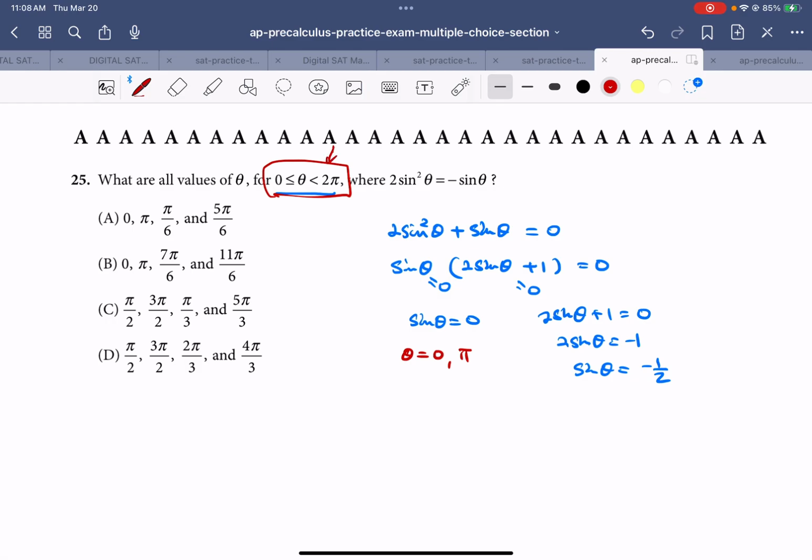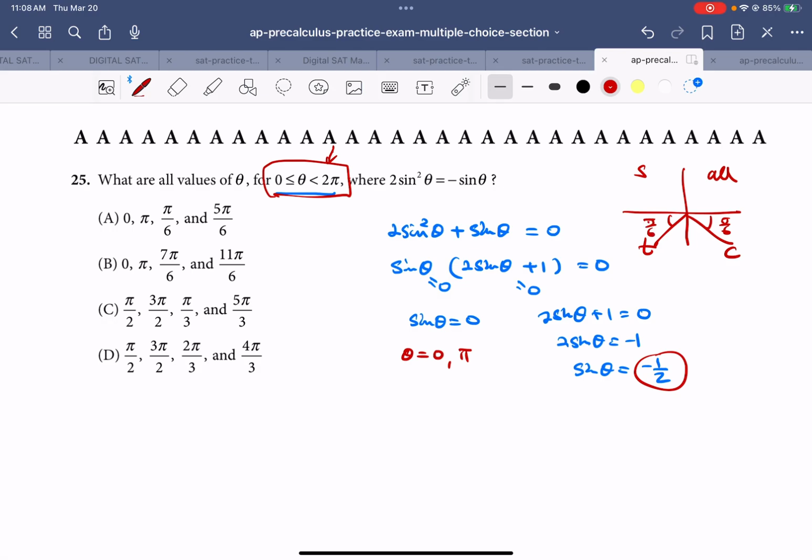And then sine is negative. If you consider, like, all students who take calculus, I believe you know what I mean here. Sine is a negative value in quadrant 3 and quadrant 4. Your reference angle, since sine is 1/2, should be 30 degrees, pi over 6. So this one is pi over 6 here, and this also pi over 6.